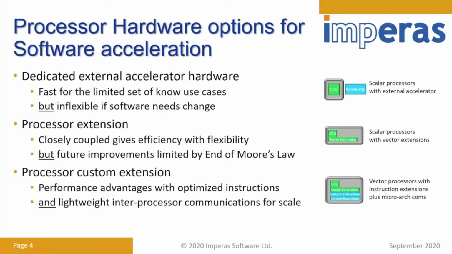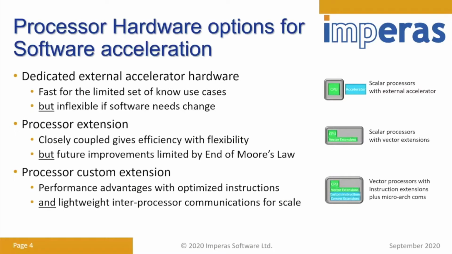Now if we look at processor hardware options for accelerating software, there are probably three approaches. You can have an external accelerator which performs some activity based upon the programming from the host CPU. You could have specific extensions to the processor, such as vector extensions or bit manipulation extensions, and the applicability of these would depend upon the application that you intend to run on the device you're implementing.